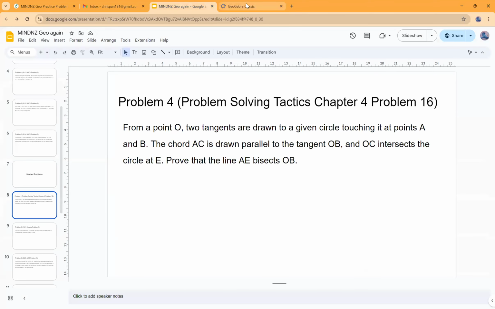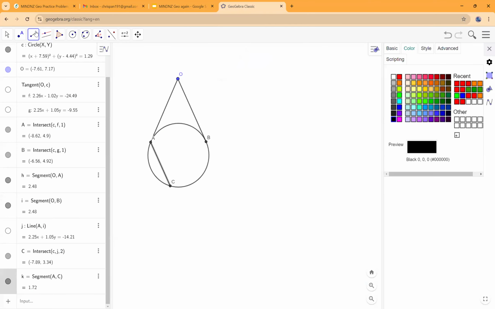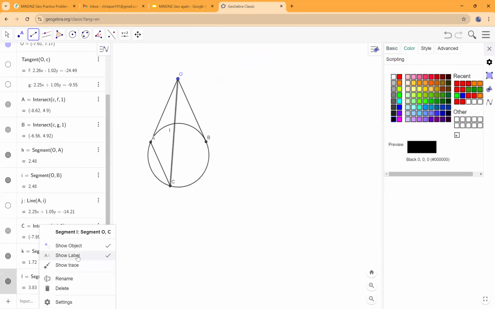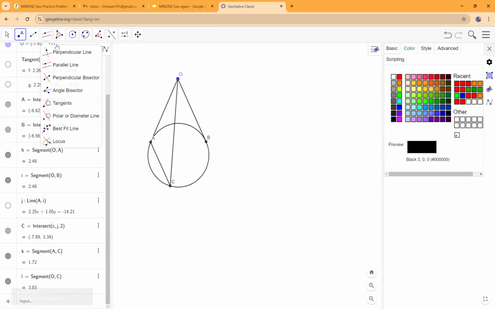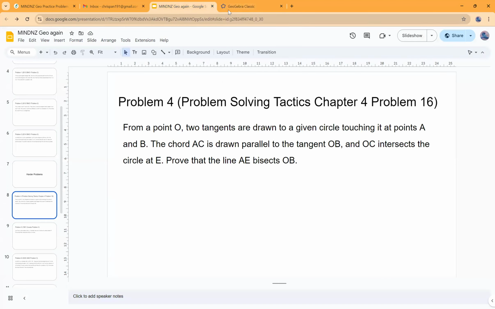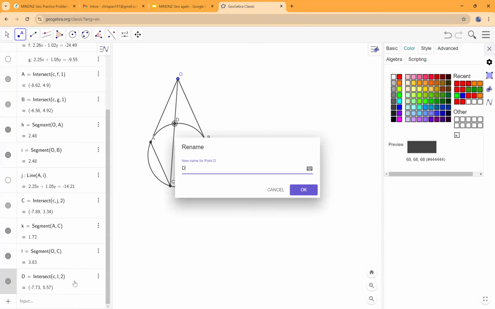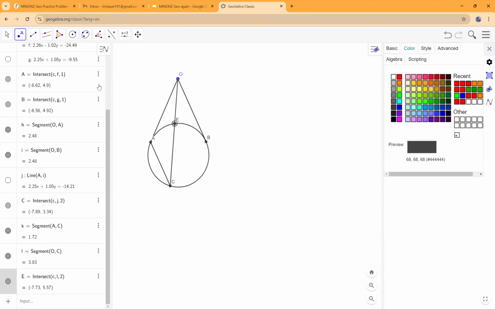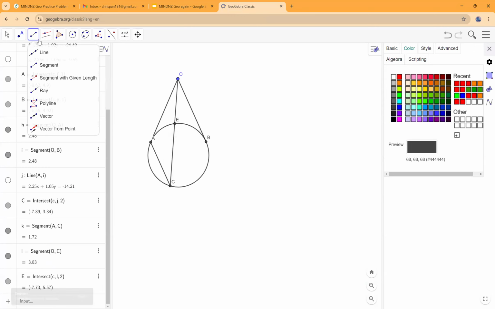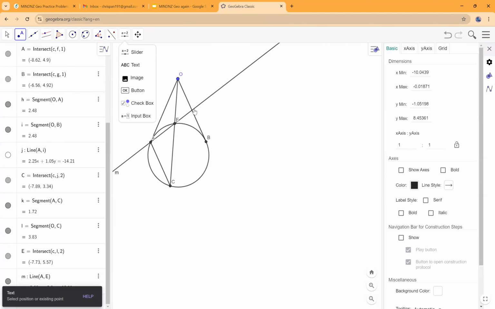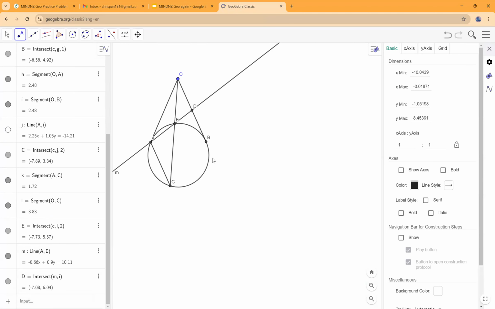And finally, well, not finally, but we're going to draw this line with the segment OC, which is going to meet the circle at not D, but weirdly enough E. Sure, interesting naming. And finally, we want to show that AE bisects OB.